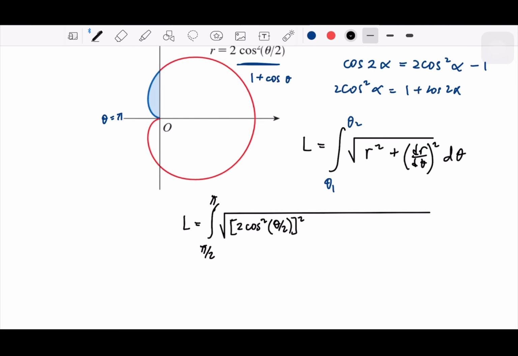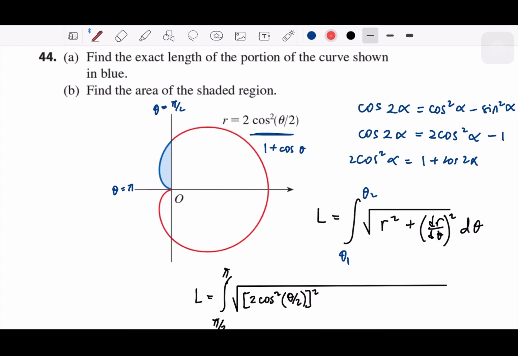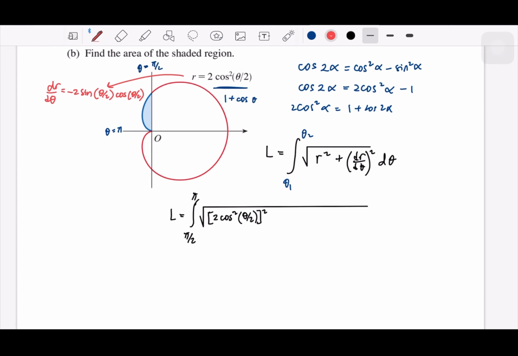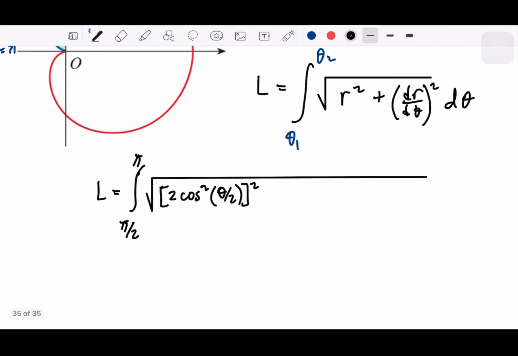Then dr over d theta will be minus 2 sine theta over 2 times cos theta over 2, right? So we take this and square it, and then d theta.